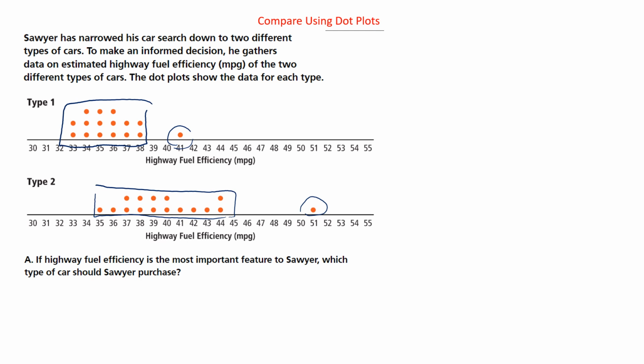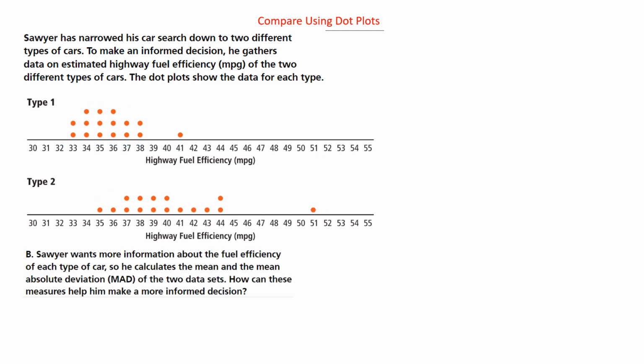I'd love to always hit that 51 miles per gallon in the car, but it doesn't look like that is a common thing. So looking at these, Sawyer should purchase the Type 2. It's higher. Now it's more spread out. It has more variability, so it's not quite as reliable, but even at the low end, it's still as good or better than most of the Type 1 cars.